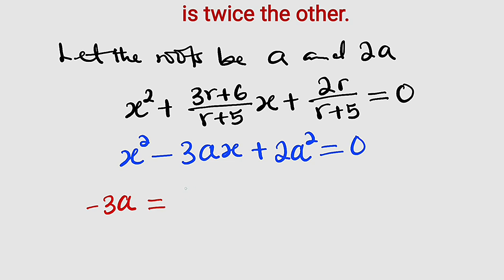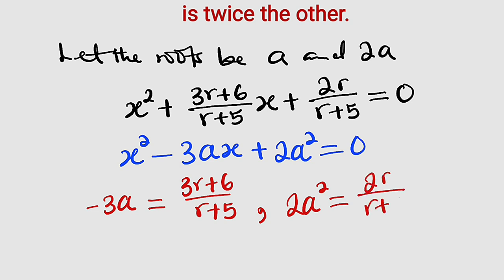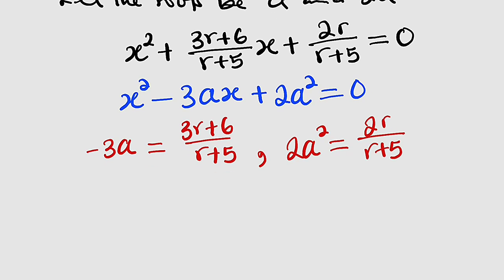So they are equal: negative 3a equals (3r+6) divided by (r+5). Then the constant: here it is 2a², but the constant from the other equation is 2r divided by r + 5. All right, now we have two equations.